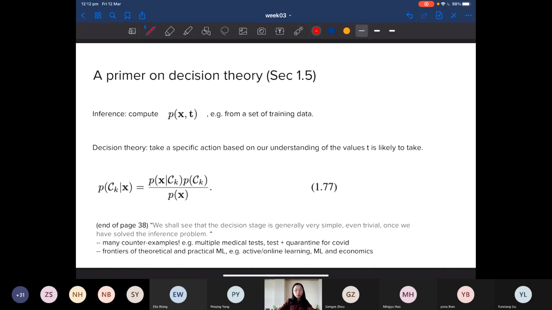So now that we have defined what the learning task is, and as usual, we for now assume we have input, which is called x, which is a vector. What does classification or making decisions really mean? Right. So as the book spells out, decision theory is the science of taking a specific action based on our understanding of the value the target is likely to take. Right.